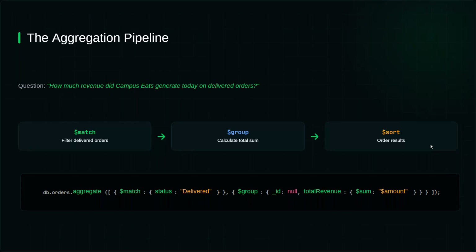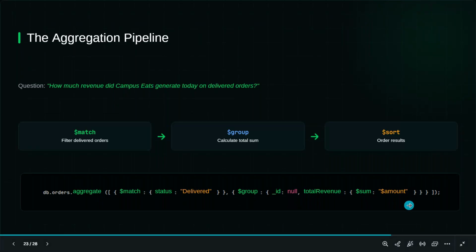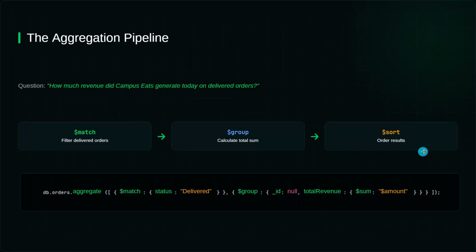Match is used to filter documents, for example only status is delivered, and group is used to group results and compute totals, where you can use sum on the amount. Sort orders the calculated results.